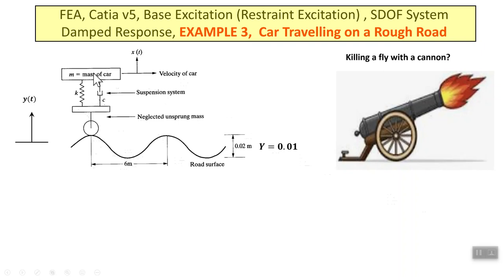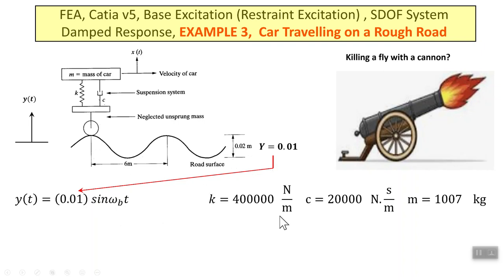The whole objective of this problem is to find out, for example, the displacement of the mass, the velocity of the mass, etc. Now, let's assume that it's a sinusoidal profile, so the amplitude is 0.01, half of this maximum to minimum value, and the frequency of the oscillation of this massless base we call omega b.